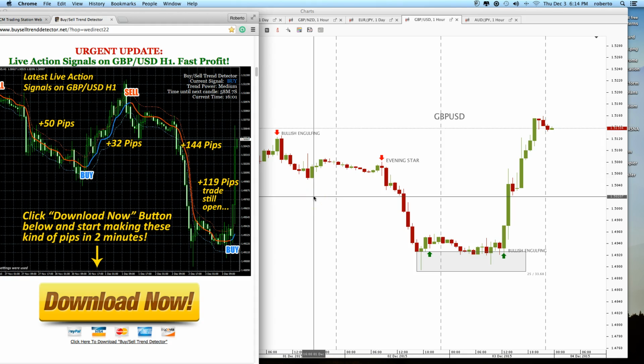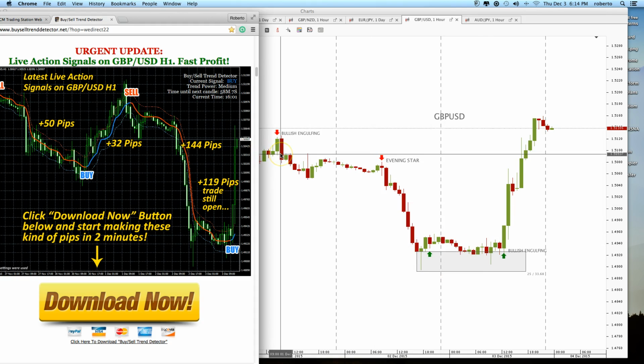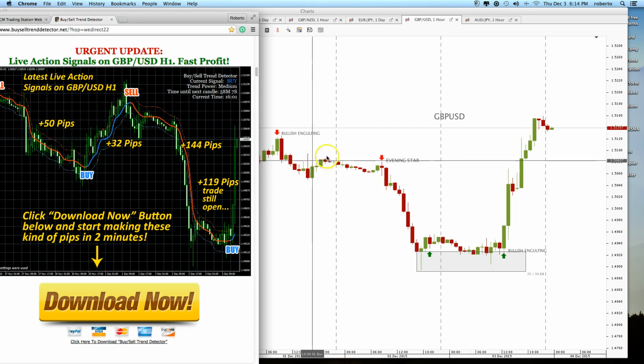I was really interested when I saw that these signals are legitimate. I would have definitely taken these trades based on my analysis, just using candlesticks, not even using any other indicator. Now you may ask, if I know how to do that, why would I want to use this automated system?